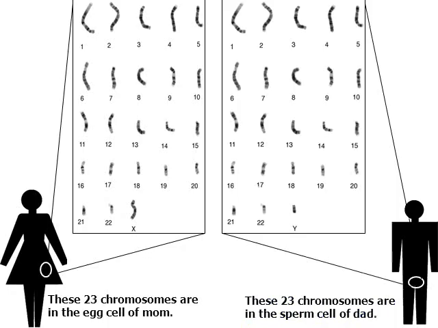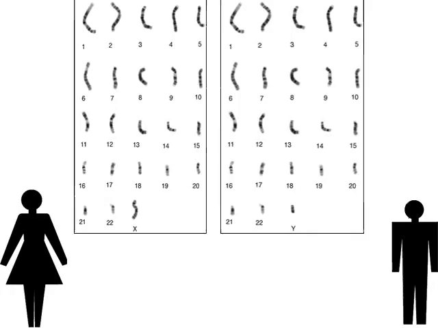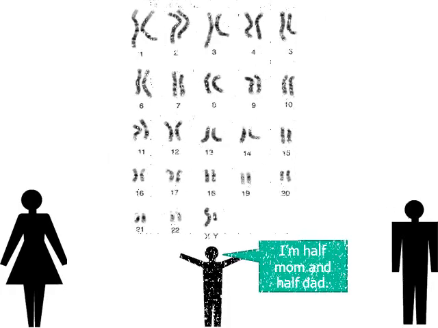In dad's testes are millions and millions of sperm cells, and each sperm cell is haploid and has 23 chromosomes. So on that one magical night, when the egg and sperm get together, they fuse, and that creates, over the course of 9 months, a child. So here we have a silhouette of a child saying, I'm half mom and half dad.